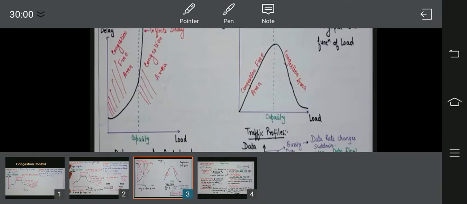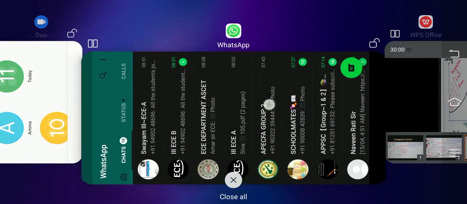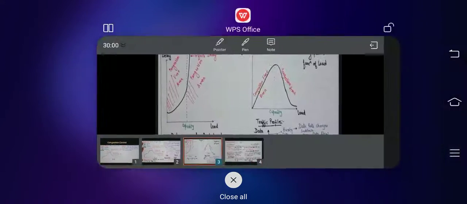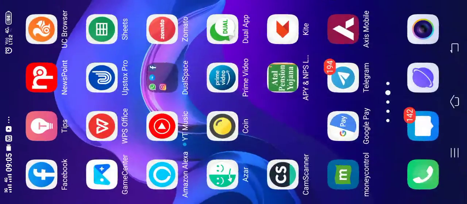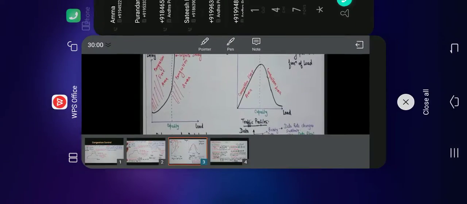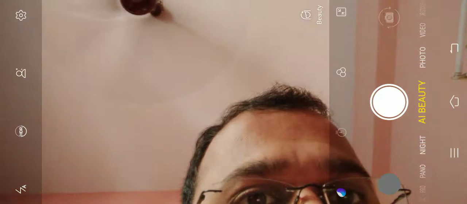See this diagram, then you will come to know what is meant by congestion.